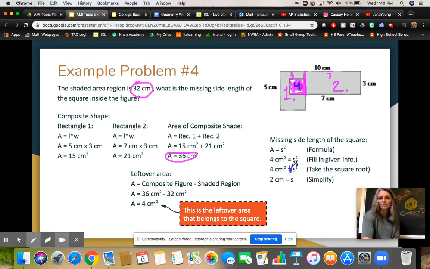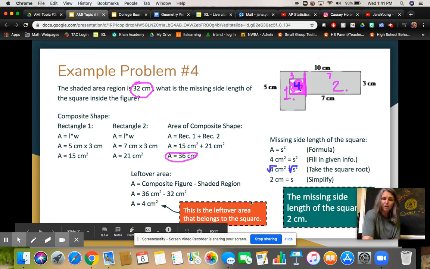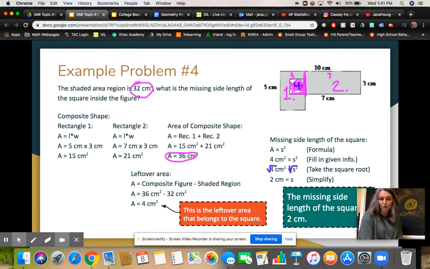So right here, I would take the square root of both sides, and that would give me that the side of my unknown square, the side of this white square right here, is actually 2. Now that's kind of a complicated problem, right? There's another way we could have worked it out.